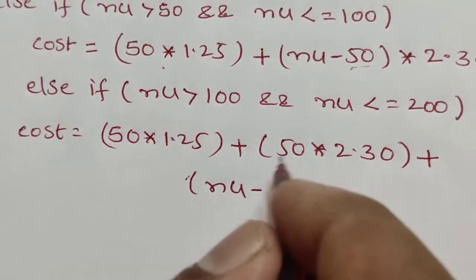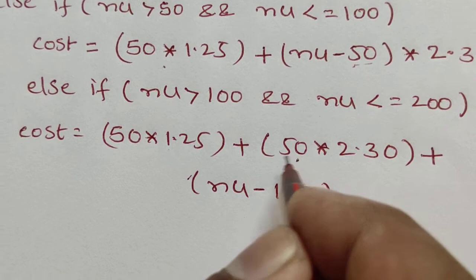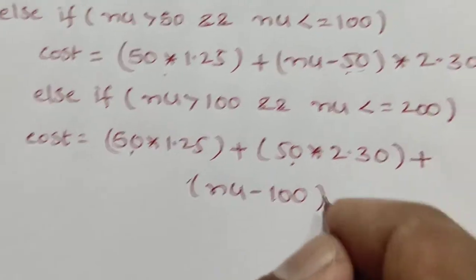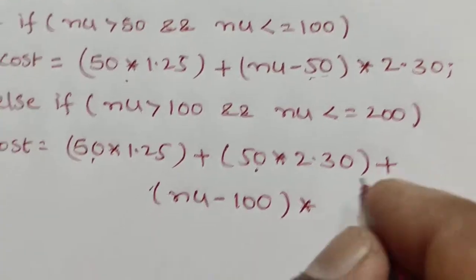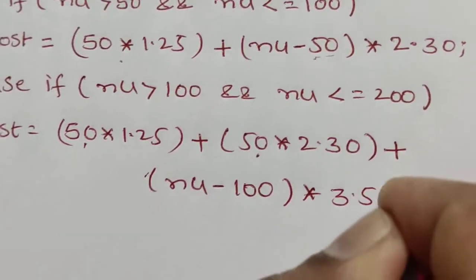This 100 is the second slab 50 plus first slab 50, into the third slab price of 3 rupees 55 paise.